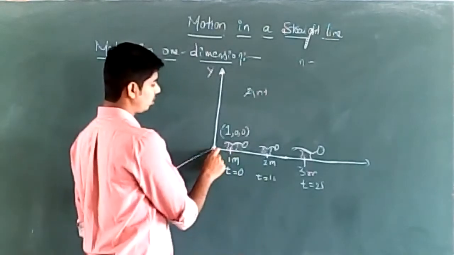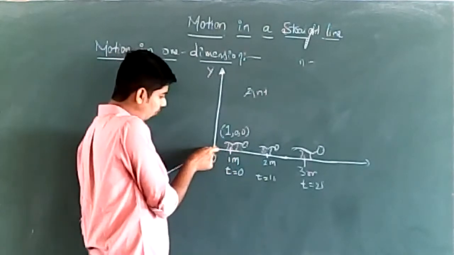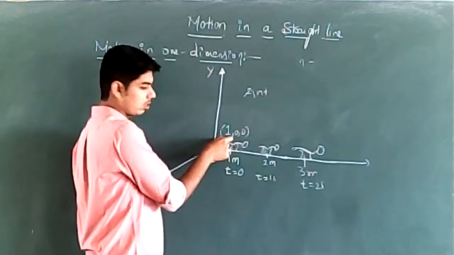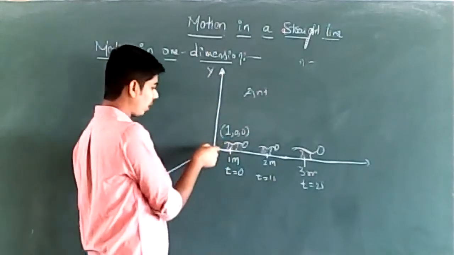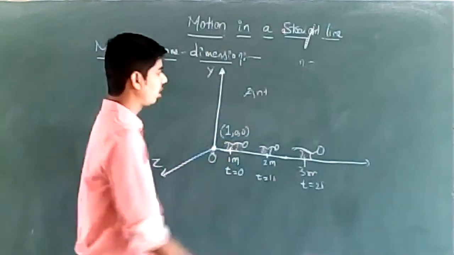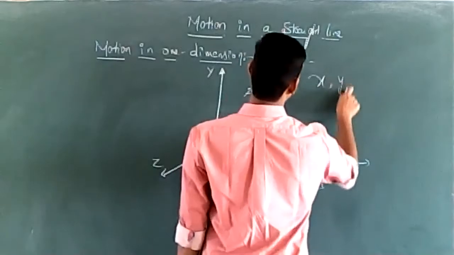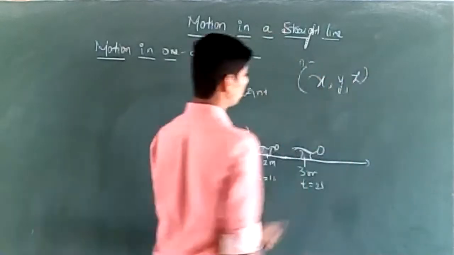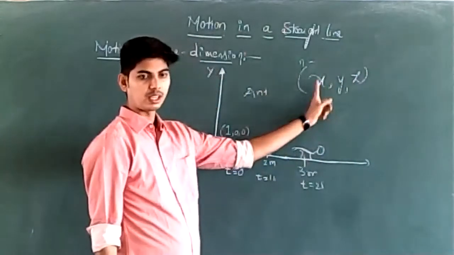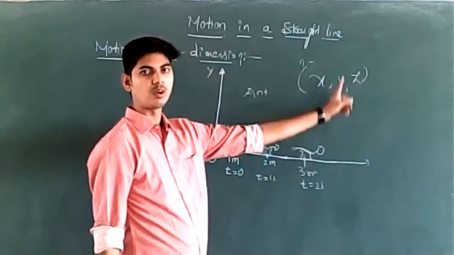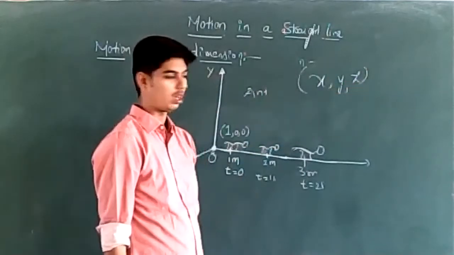That is, this ant is at a distance of 1 meter along the x-axis, 0 meter along the y-axis, and 0 meter along the z-axis. Position coordinates are always represented as x, y, z: position along the x-axis, position coordinate along the y-axis, and position coordinate along the z-axis.